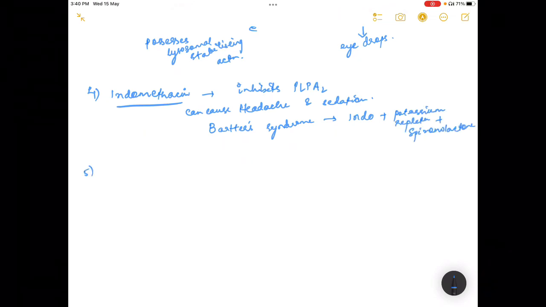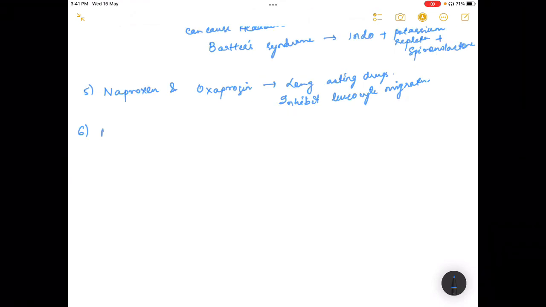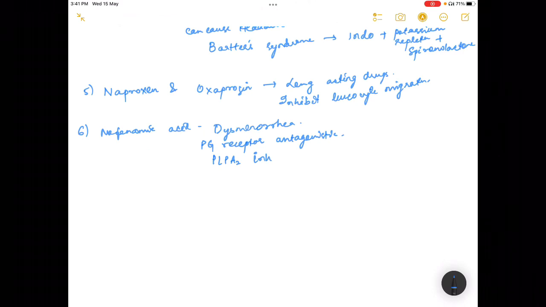Then naproxen and oxaprozin are long-acting drugs and they also inhibit leukocyte migration. Mefenamic acid, we all know that it is used in dysmenorrhea, and it possesses PG receptor antagonistic properties and also phospholipase A2 inhibitory action.